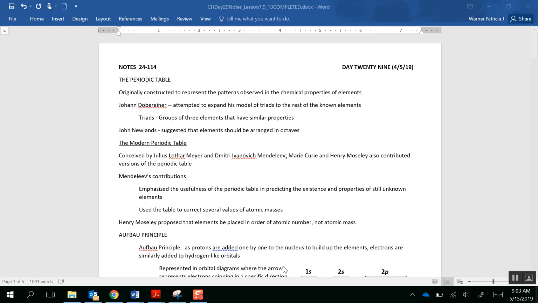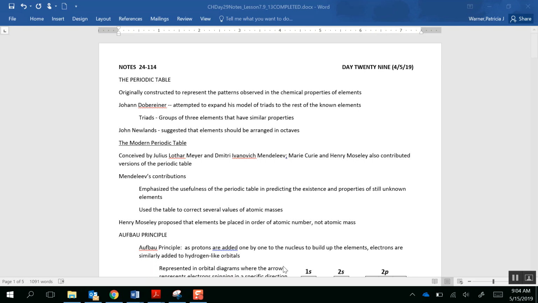The credit for the modern periodic table is given to Mendeleev, but Meyer and actually Moseley suggested that it be ordered the way it is ordered now. What Mendeleev did, and he is the biggest contributor, is he put it in order of atomic masses.